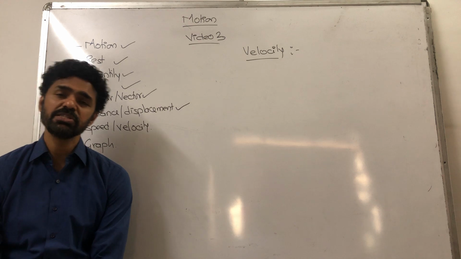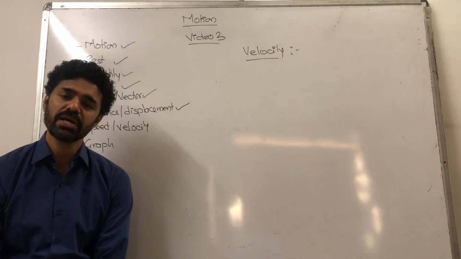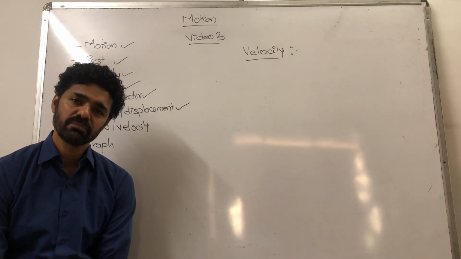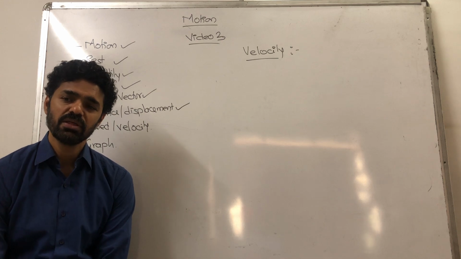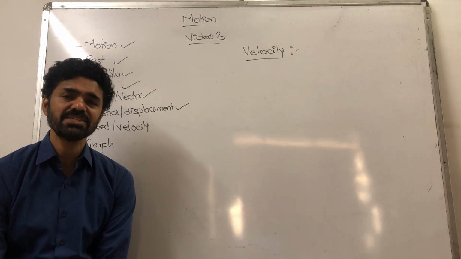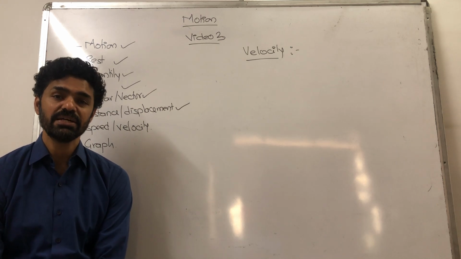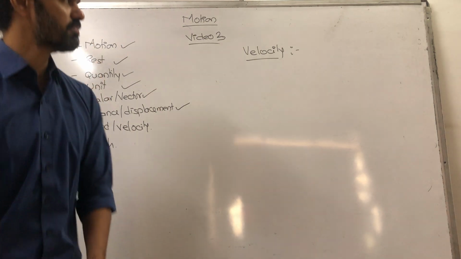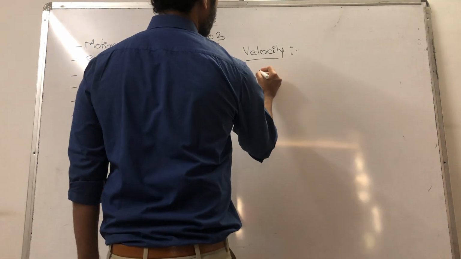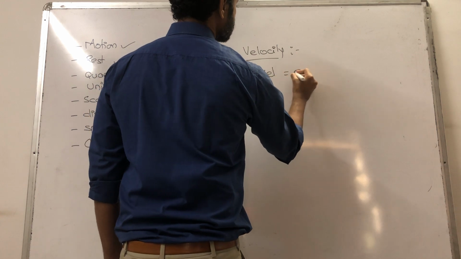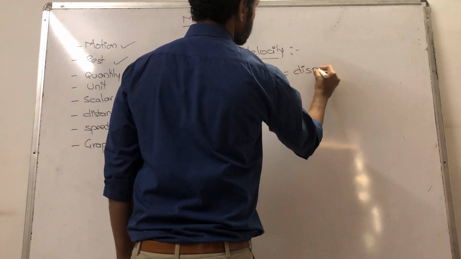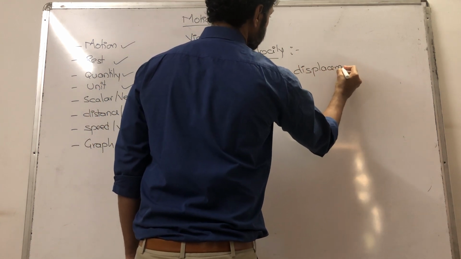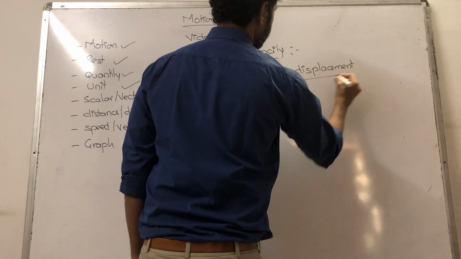So in speed we measure the total distance travelled to total time taken. What is velocity? If speed is change in distance, velocity is change in displacement with respect to time. So we say that velocity is displacement by time taken.